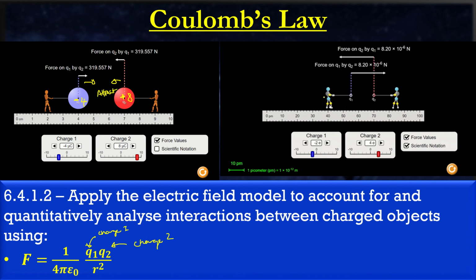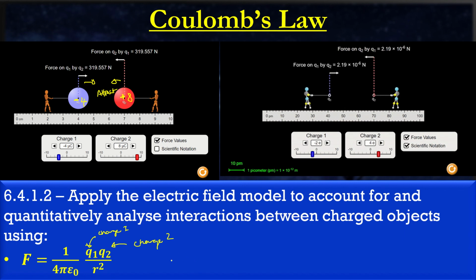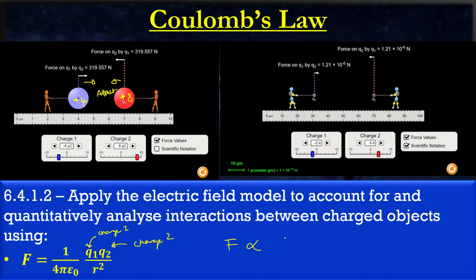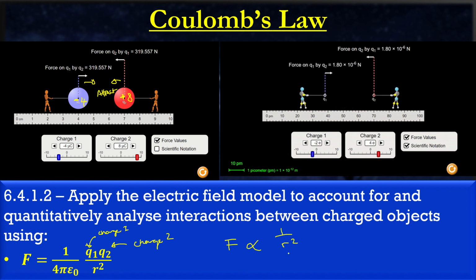Okay, and what we know from this formula is that if we assume the charges are constant, then the force experienced by the 2 charges is inversely proportional to the radius squared.